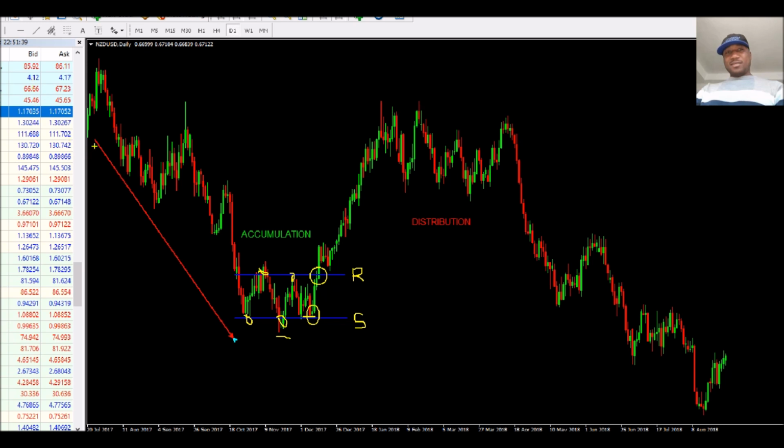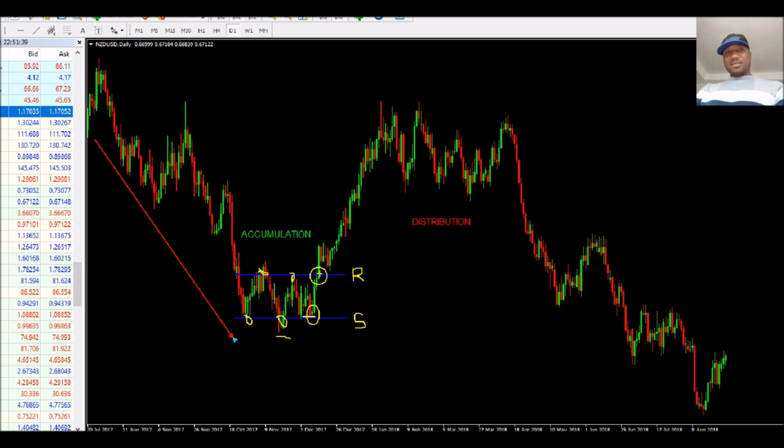Because after trending, the market ranges, and the next move is for the market to trend. And after the market trends, the market is going to range again. And after the market ranges, the market is going to trend. So it's trend, range, trend, range, trend, right? For you to understand clearly.